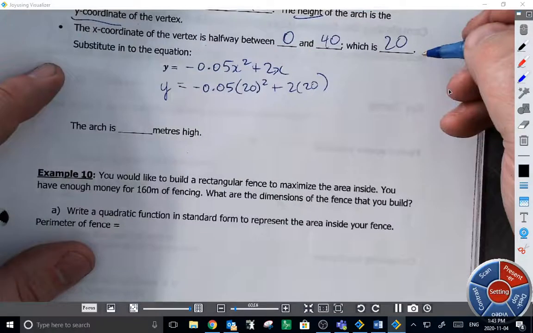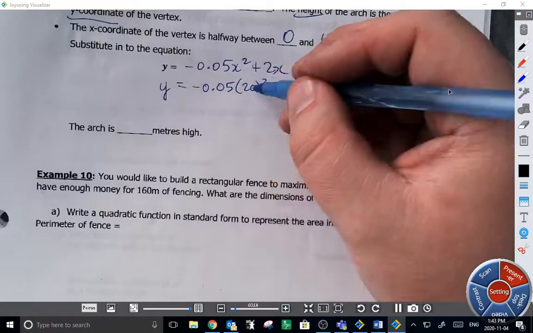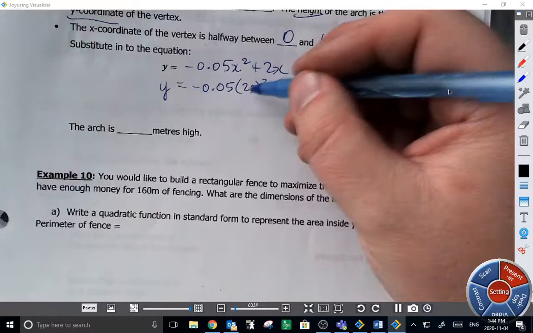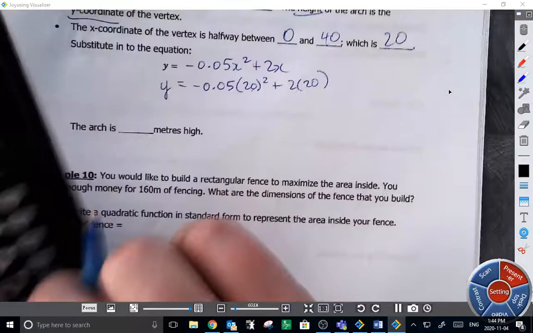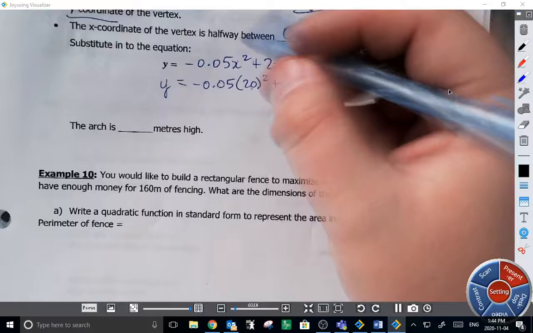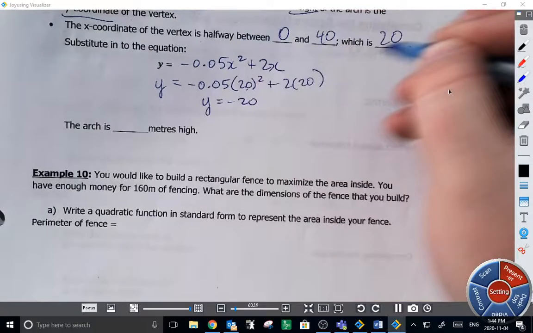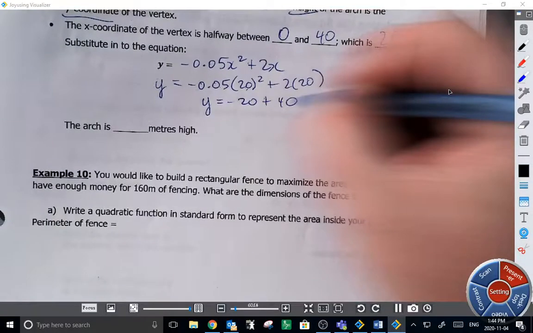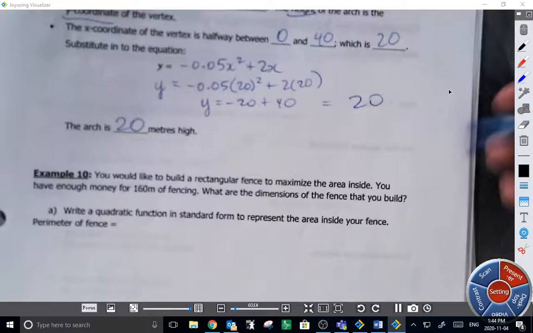Let me just double check that I did that right. 0.05 times 400 is 20, yep. So this is negative 20 plus 40, which is 20. So the arch is 20 meters high. I didn't make any mistakes in example 10, so that's all that I had to fix.